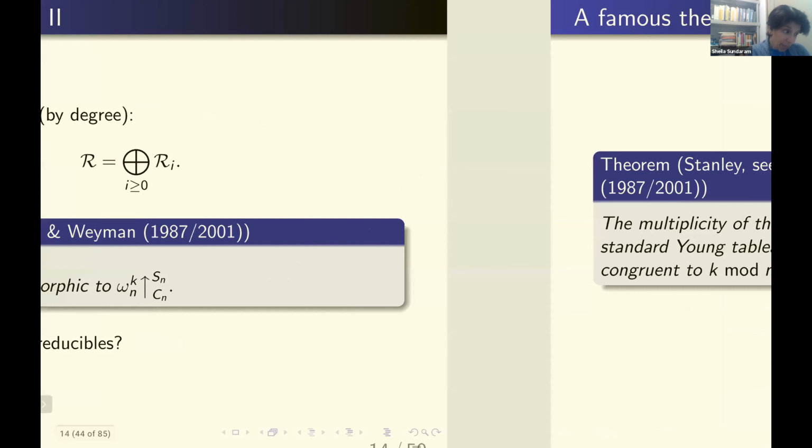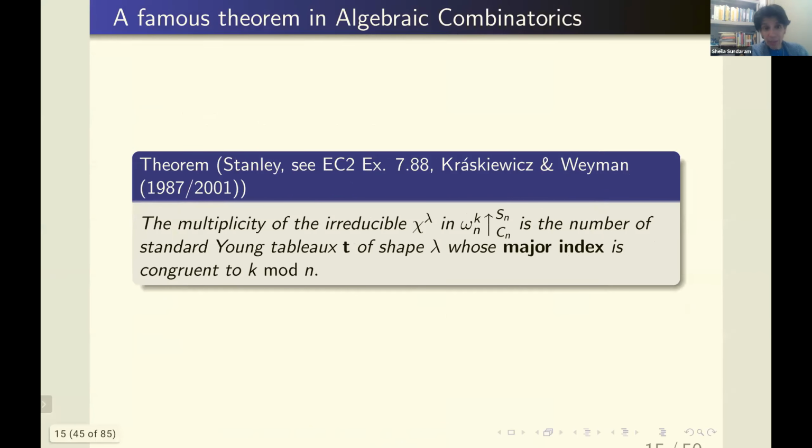Okay. So the question of decomposing this into irreducibles is now a famous theorem in algebraic combinatorics, right? I should mention Richard Stanley's EC2, Enumerative Combinatorics, is a great place to look for comments and history and more references.